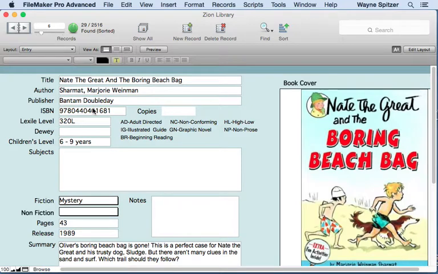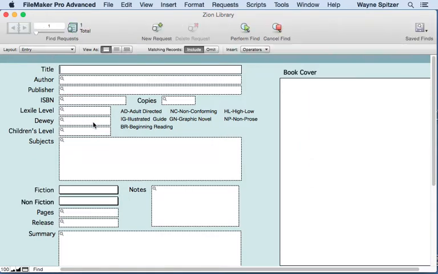Okay, supposing we have an older student, and the older student, let's say, is reading at a 650 Lexile level, and the student is not certain what they want to read, what they're interested in.